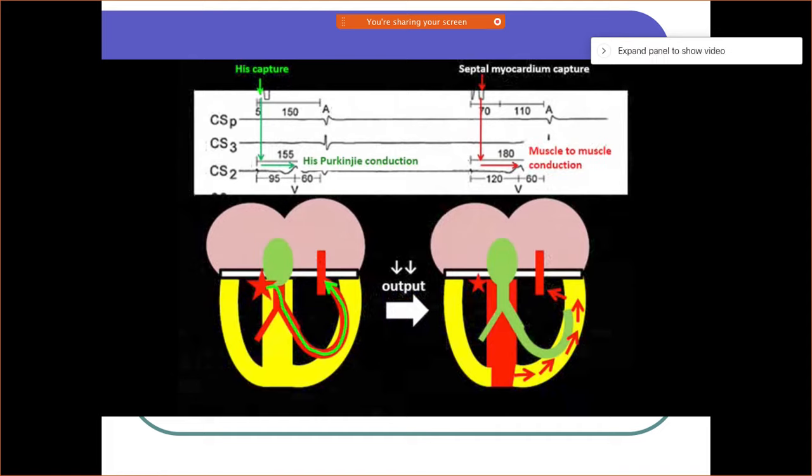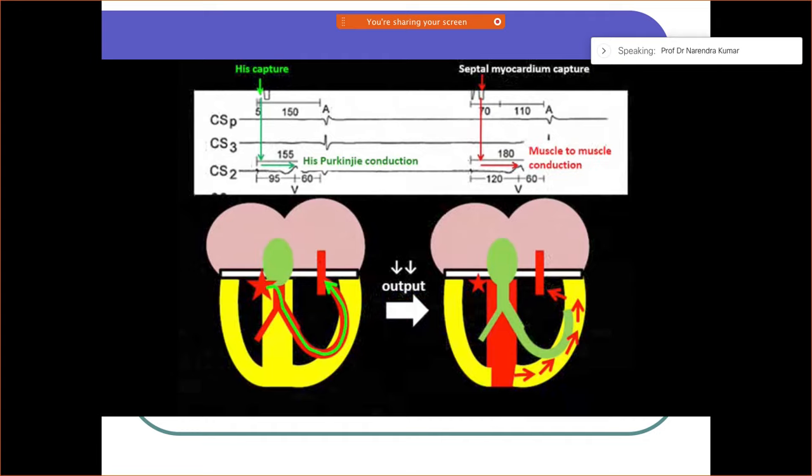What is happening is the His bundle to RB capture is present in the left complex, with SH of 5 milliseconds, and lost in the right complex. The SH increased to 70 milliseconds with widening of the QRS complex. The retrograde atrial activation sequence is identical in both complexes, with earliest atrial activation recorded from the coronary sinus, CS, indicating a non-septal bypass tract is present.